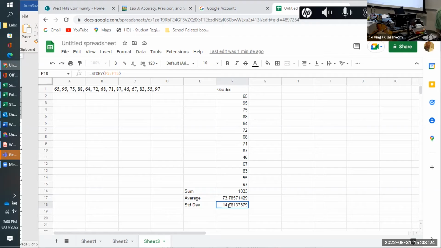So you calculate the average, you calculate the standard deviations, and now you need to put that range. The instructions tell you that process.